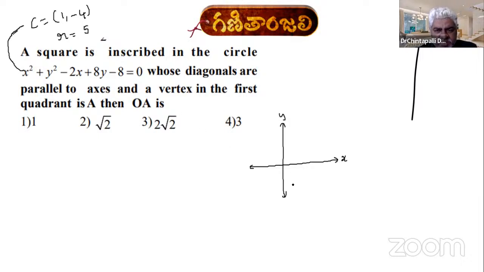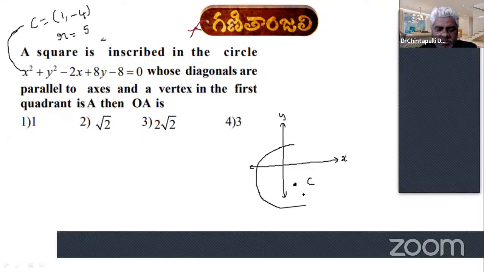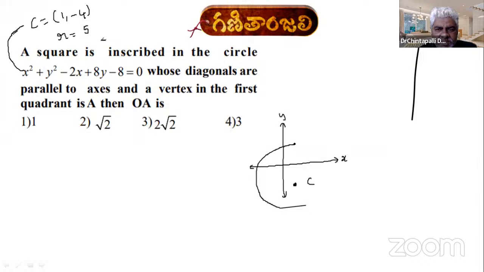It is 1, it is -4. So it is the center, right? And the radius is 5 units. So this is a circle with center 1, -4 and radius 5 units, right?